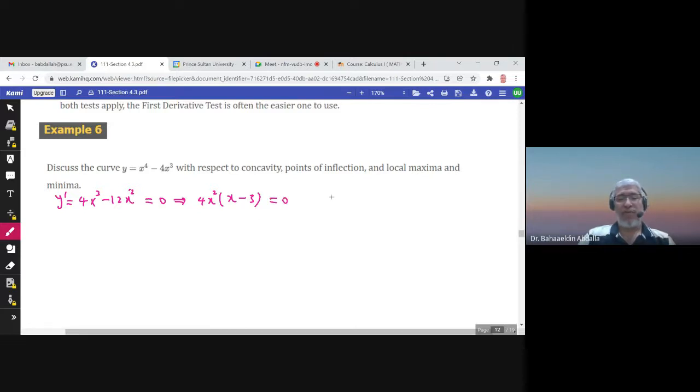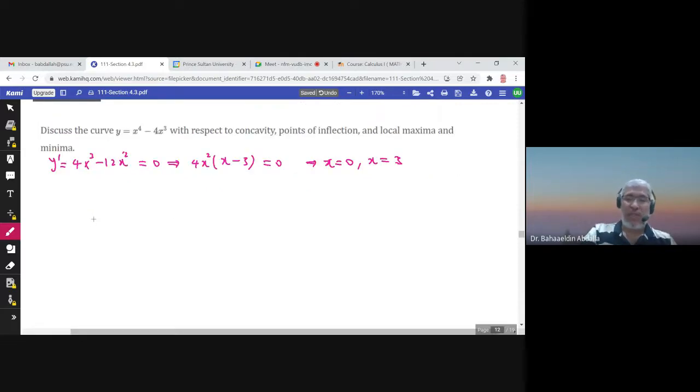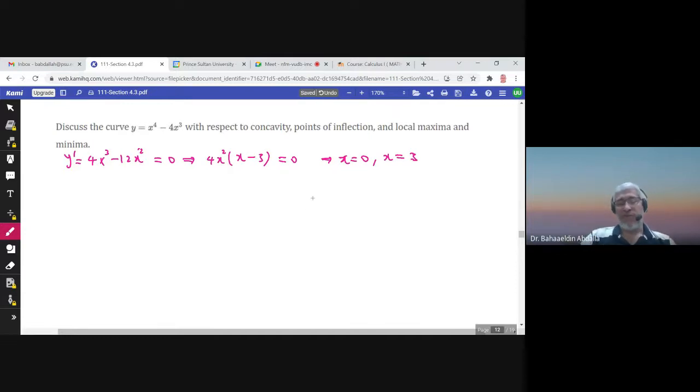So I have the zeros of y prime: 0 is a zero of multiplicity 2, and 3 is a zero of multiplicity 1. These are critical numbers of y because the domain of y is all real numbers, so they belong to the domain.